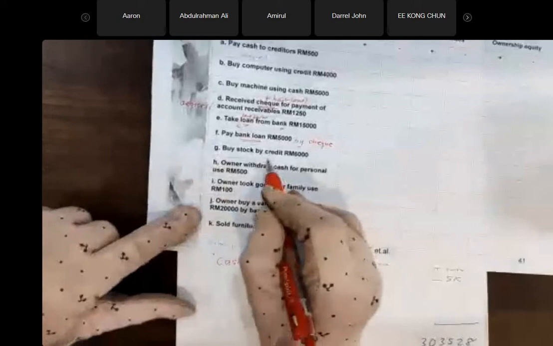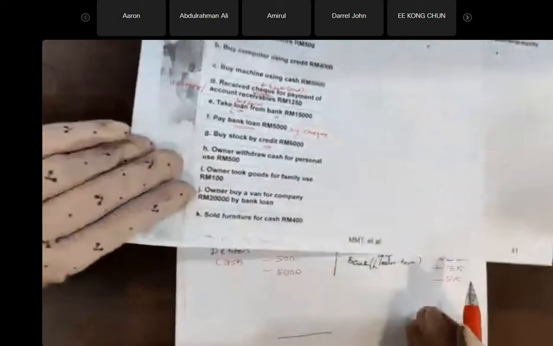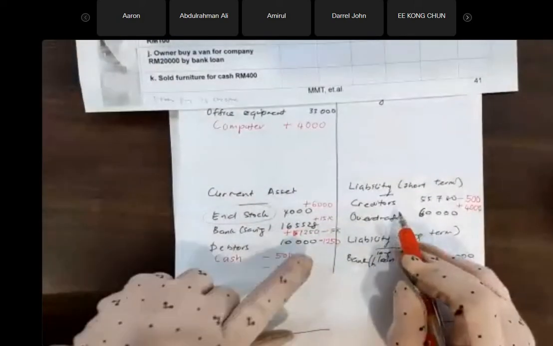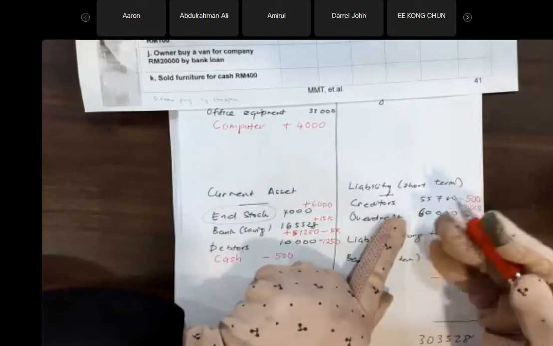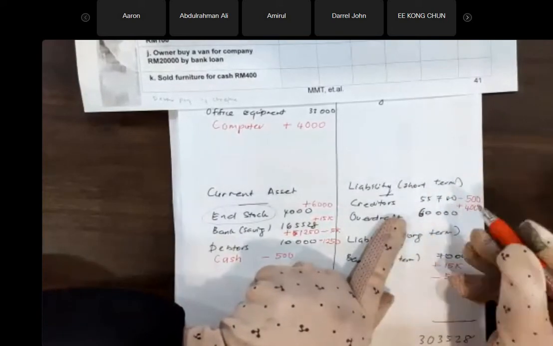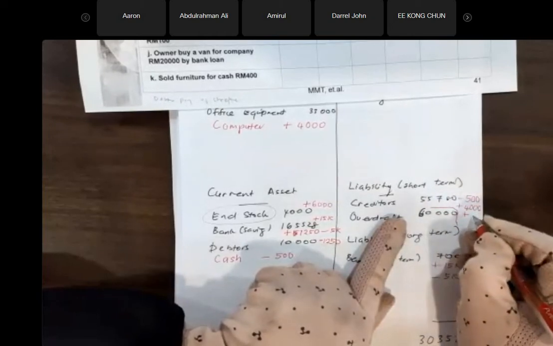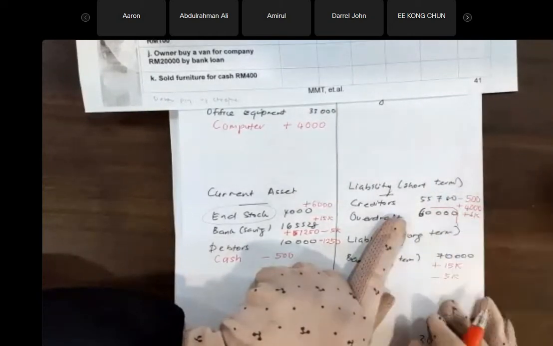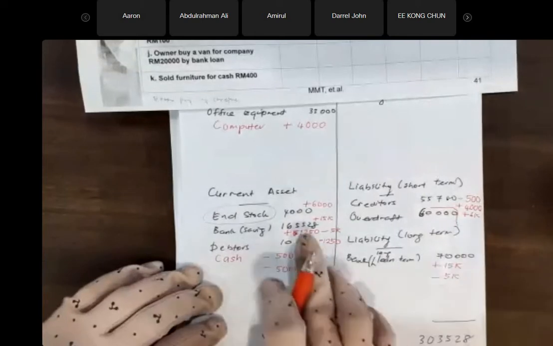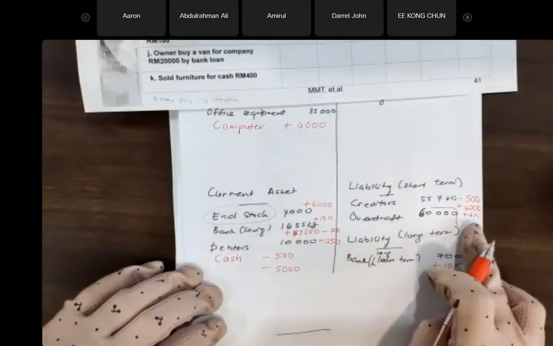Stock by credit, credit mana? Creditors. Betul tak? Sini plus, sini mesti plus, sebab you berhutang lagi kan? So sini kena plus 6,000. Here pun plus 6,000. Boleh?